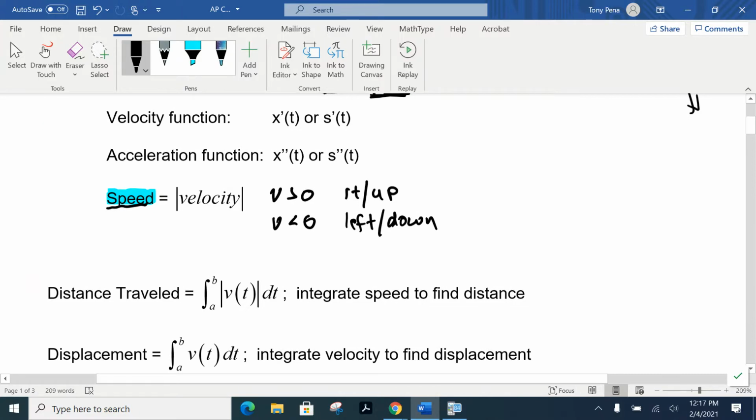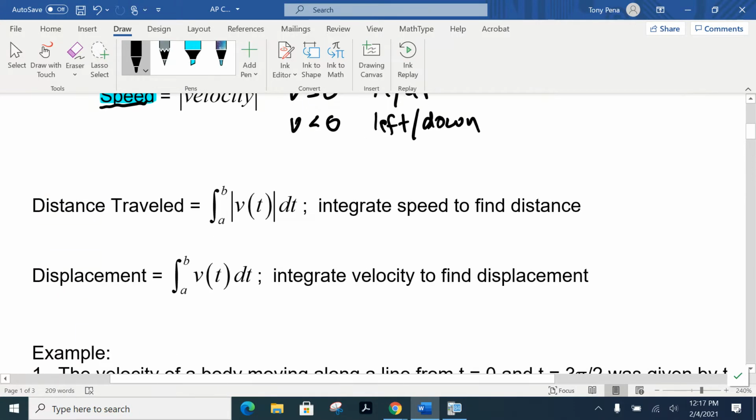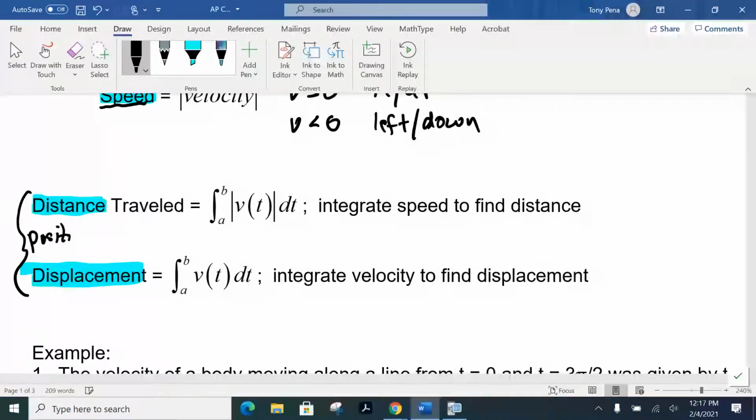And then these ideas. Where you see these two different things, we see the idea of distance versus displacement. Both of them, you're going to see, are a type of position. They're different ways of measuring a position. So both of them are going to have us integrating our velocity.